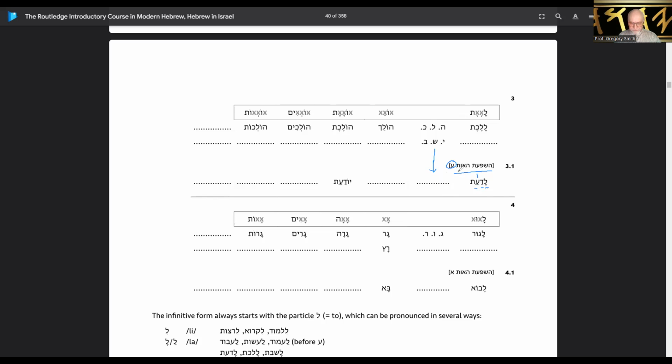La da'at. Yeah, it means to know. לדעת, to know. So the root, I think it's going to come out as a dalet ayin.